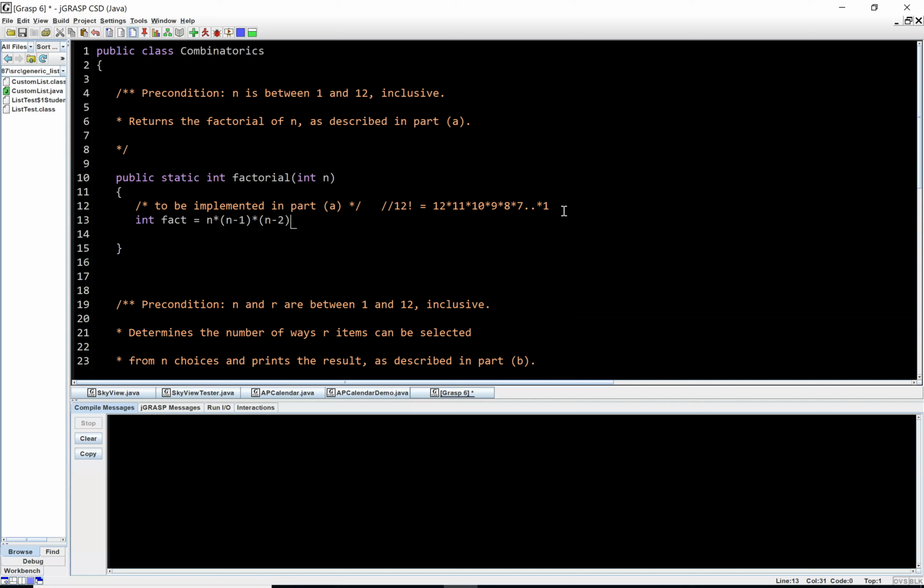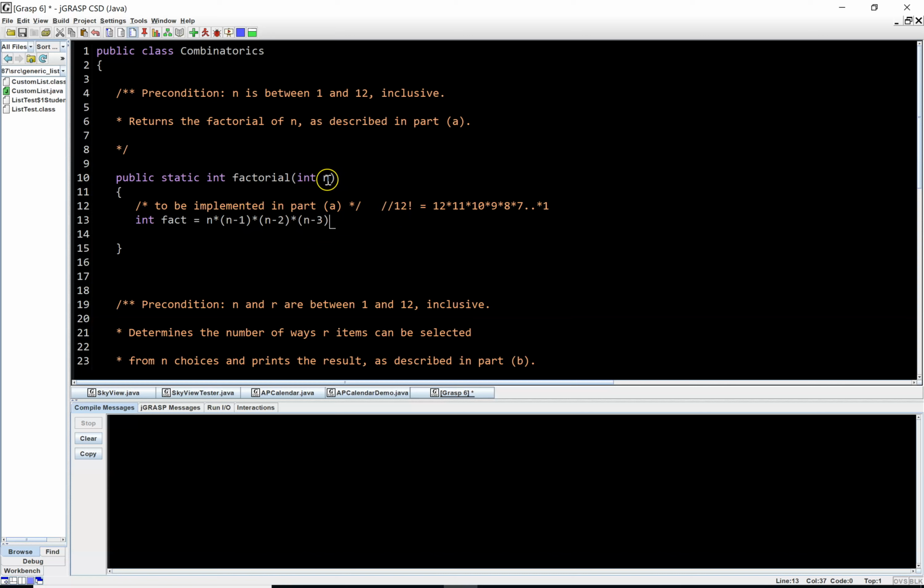So 12 times 11 times 10 times n minus 3. But there's a problem with this mechanism. Now, again, this could work potentially, especially if we have n equals 12. But right here, I'm hard coding these values to an extent. We're making an assumption that we know how many times we have to subtract, how far we have to go down.